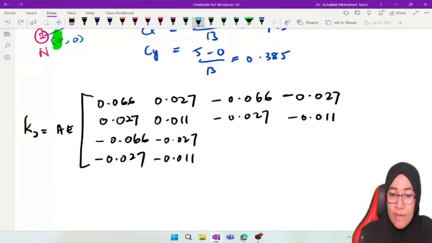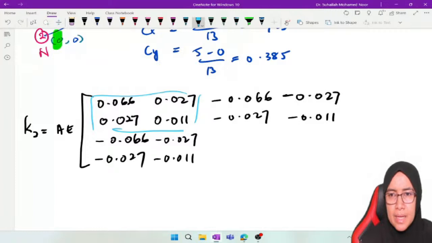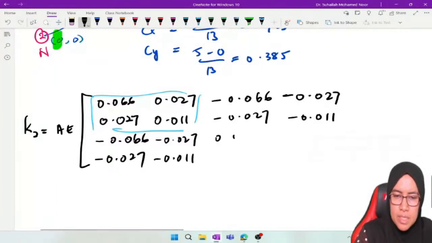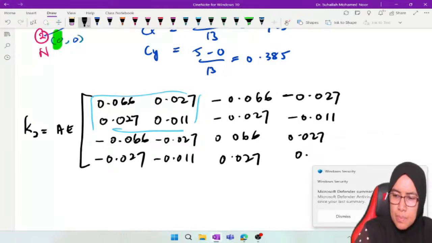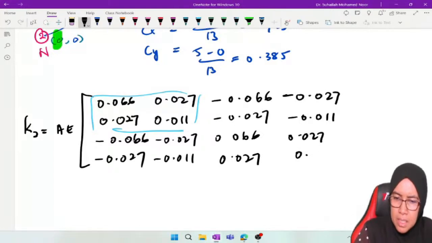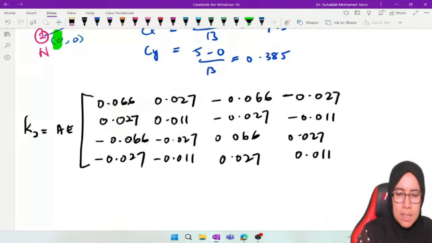And the next 4 values will be equal to this: 0.066, 0.027, 0.027 and 0.011.